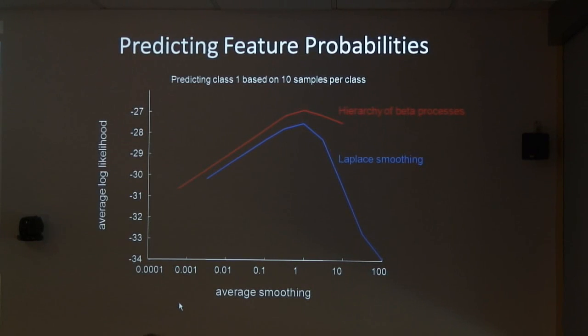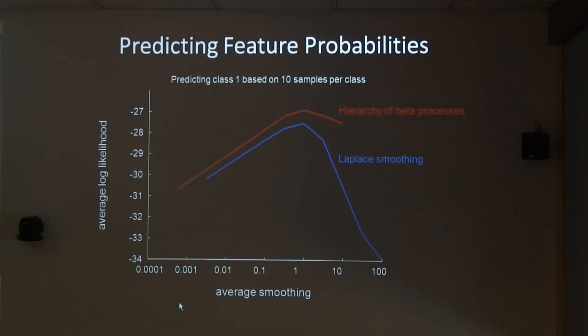I don't know. That would be a good experiment to do. I suspect if you just merge all the classes together, you pretend that you have just data from one class, at some point it's going to hurt. If you have too many classes, now it's going to look like some average of all the classes, not something very specific.